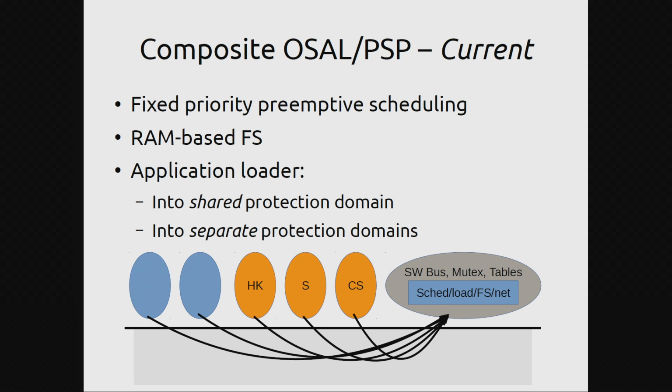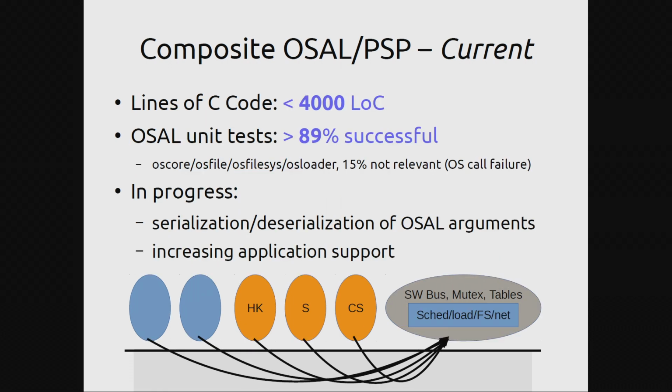And we have one component currently that supports all of the cFS core and a lot of the operating system stuff that you may require. The OSAL implementation itself is about 4,000 lines of code. The OSAL unit tests are not completely successful, but we're getting there.